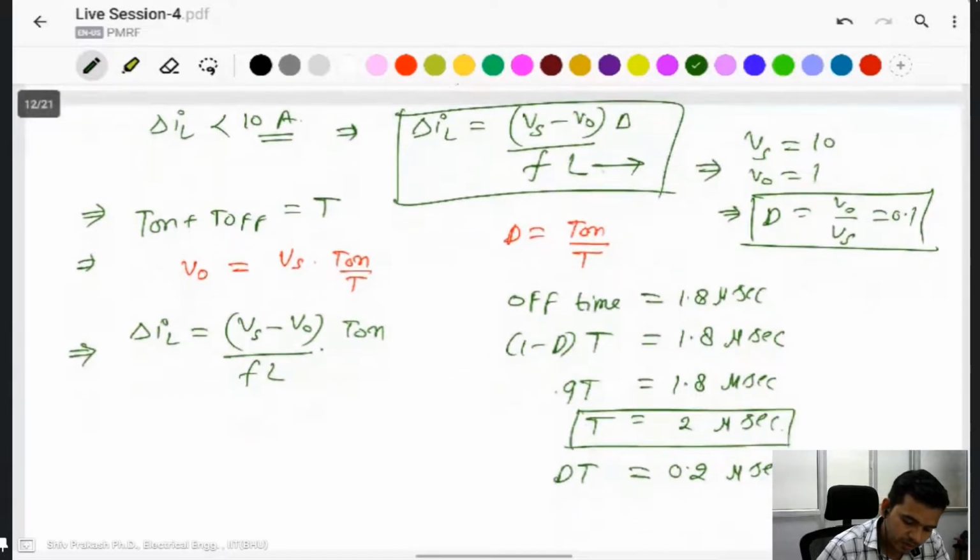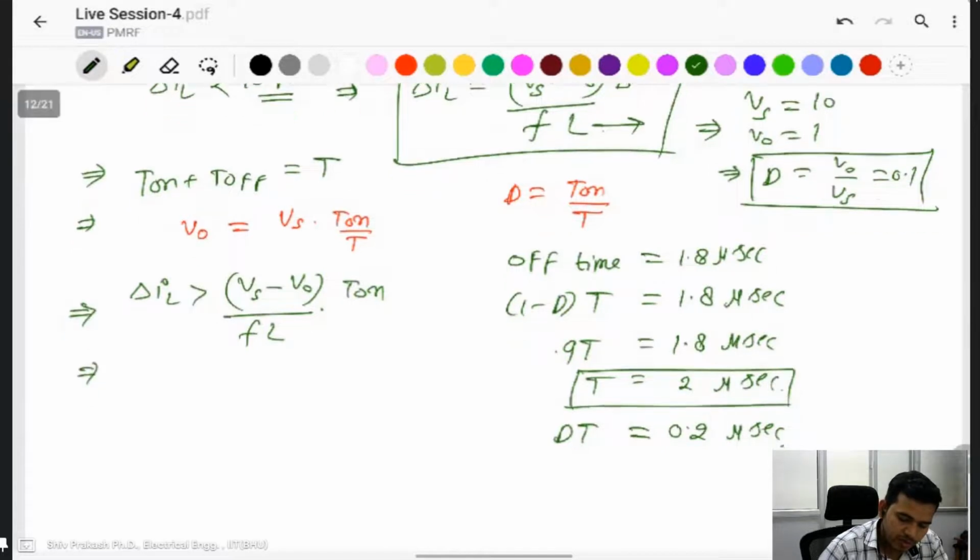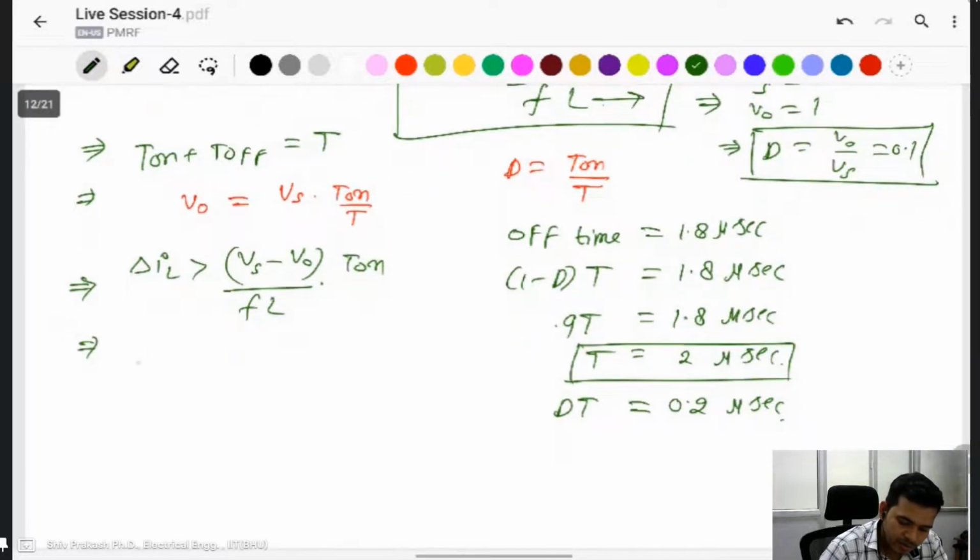That means this one is maximum 10 ampere. You know 10 volt minus V naught is equal to 1 volt, so 9 volt.